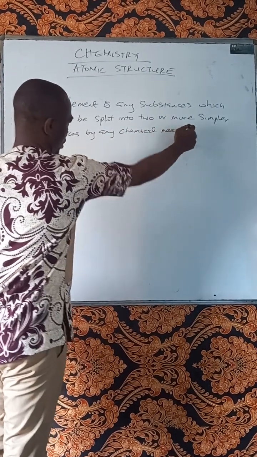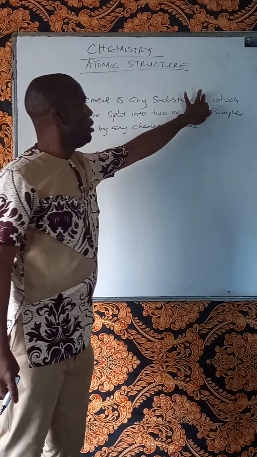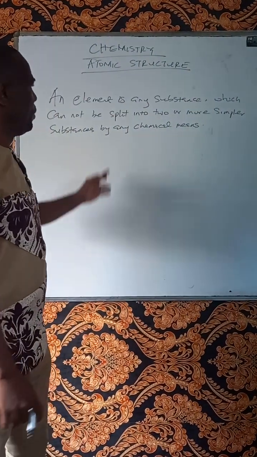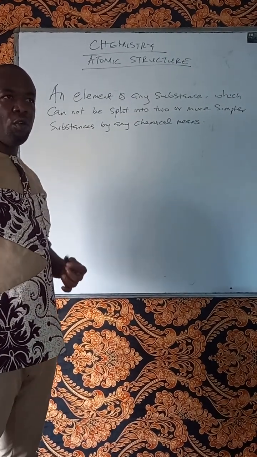So let's look at the definition on the board. An element is any substance which cannot be split into two or more simpler substances by any chemical means.